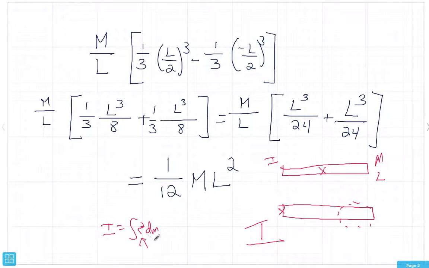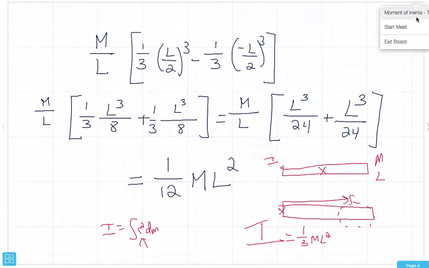R is very important. If there's mass further away, it contributes more than just there being mass at all. So the fact that there's a lot of mass at a great distance r away from the axis of rotation makes this 1/3 ml squared, and this one 1/12 ml squared.